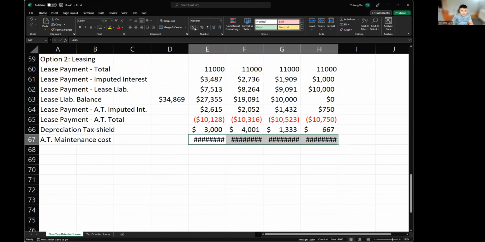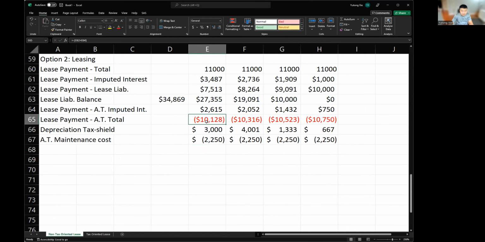So format, give me a format, like this. So the difference between this format and this format, I think this should be the accounting format. Yeah, so it should be accounting format. So let me change everything to the accounting format. Okay, so I got this.